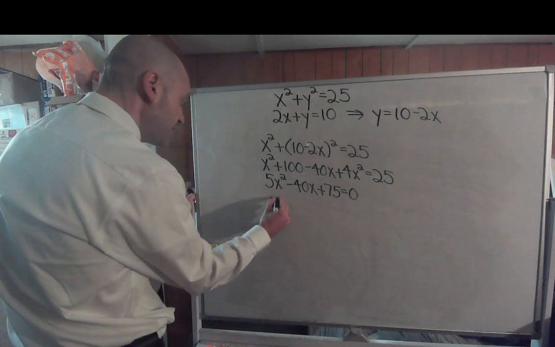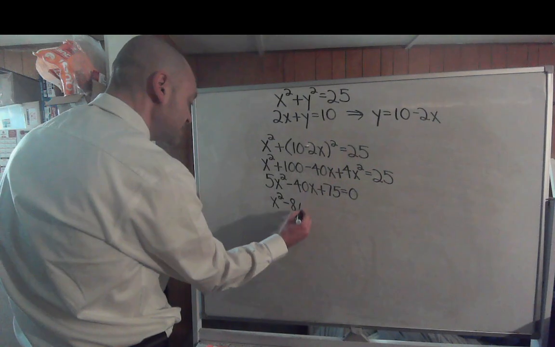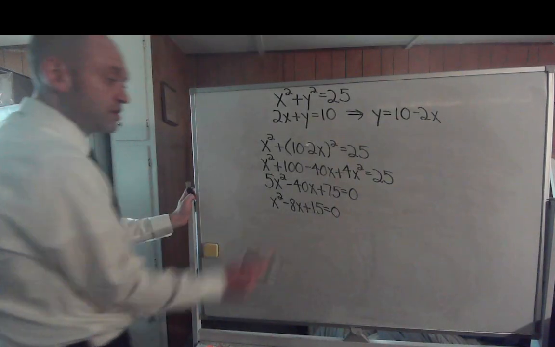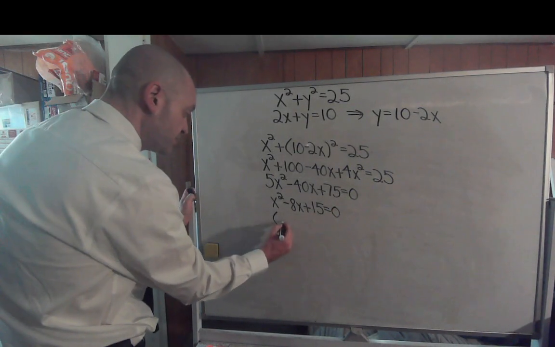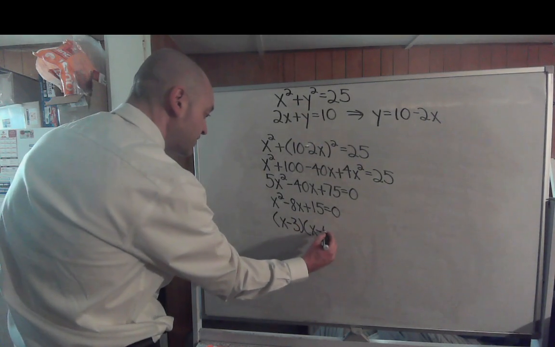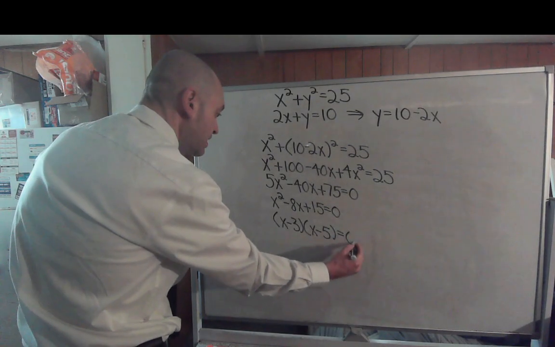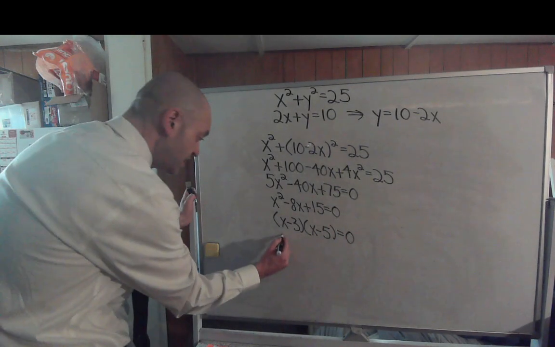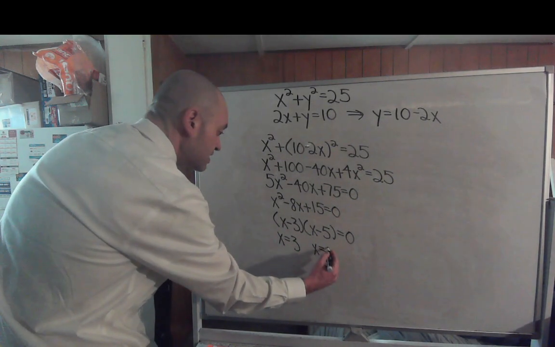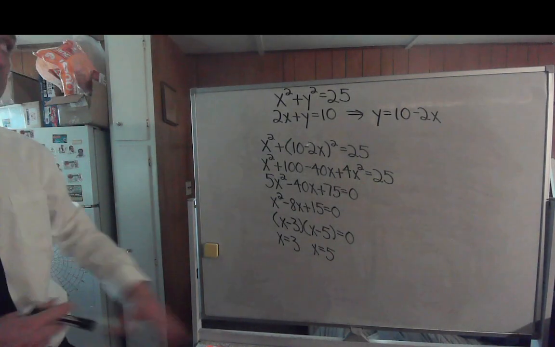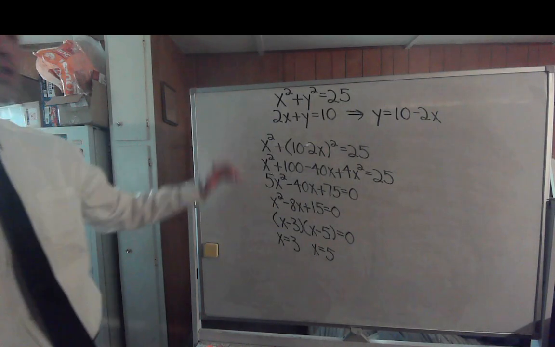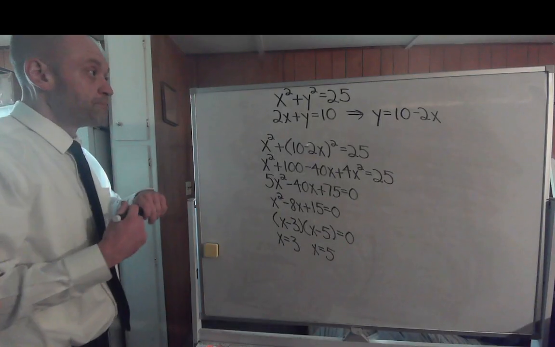This would turn into x squared minus 8x plus 15 equals 0. This will actually factor very nicely into x minus 3 quantity times x minus 5 quantity equals 0. So that means you get x equals 3 and x equals 5. Since you have two x values, you're going to also have two y values. So that means this line is going to intersect the circle in two different places.